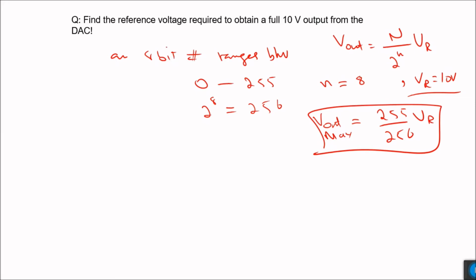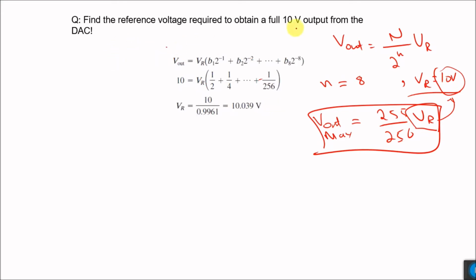This means that if we want to get 10 volts at the output, we have to use VR greater than 10 volts because 255 over 256 is less than 1. So the whole of VR will not be generated at the output of the DAC, and that is what is explained in this example, that you need a full 10 volt output from the DAC, and the DAC was 8-bit.